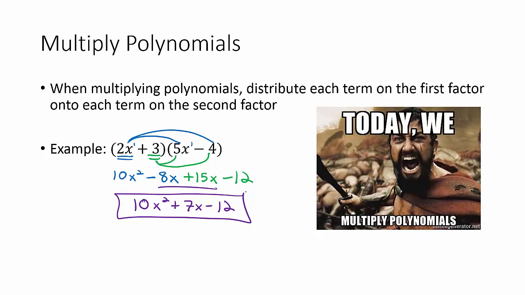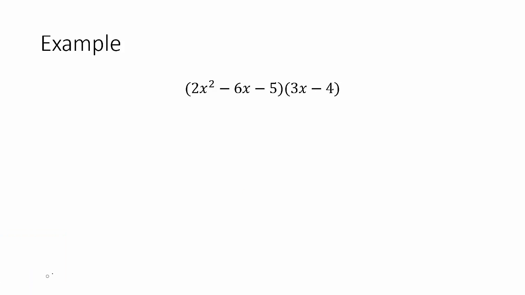So when multiplying polynomials, we take each term of the first factor and distribute onto each term of the second factor. That same pattern is going to continue regardless of how many terms we're working with. In this case, we have a trinomial times a binomial.